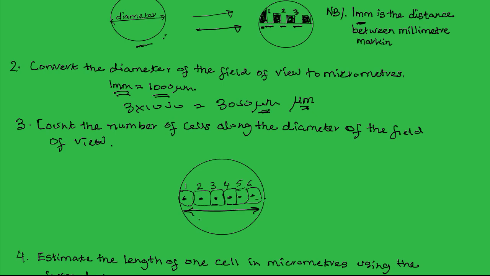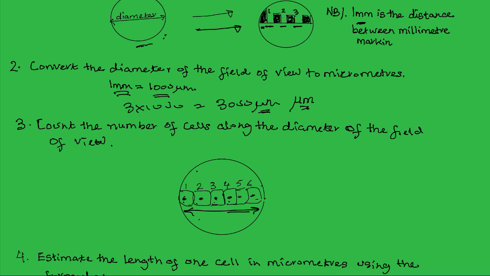Of course, there are many other cells, but you focus on a particular row and position them in such a way that they run across the diameter of the field of view. Then you simply count the number of cells in the row. In this particular case, you have 1, 2, 3, 4, 5, 6.